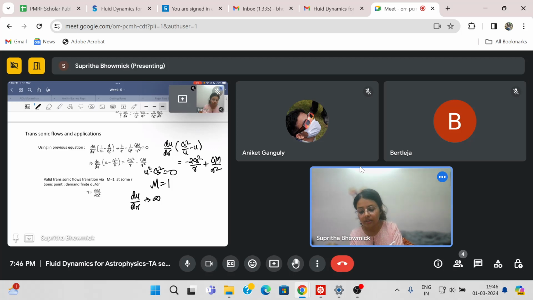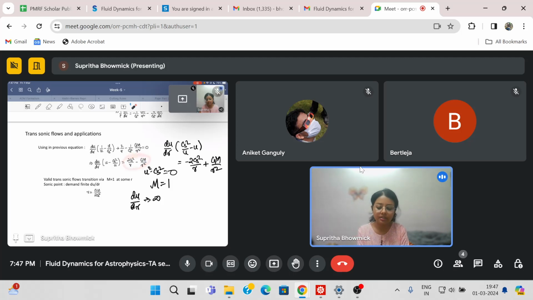So if it has to be a smooth transition, we have to demand that the numerator is 0 as well. Because then we have a 0 by 0 form. We can then use L'Hopital conditions to know what du/dr is at the point where we have Mach equals 1. And then it will be finite, it won't blow up.